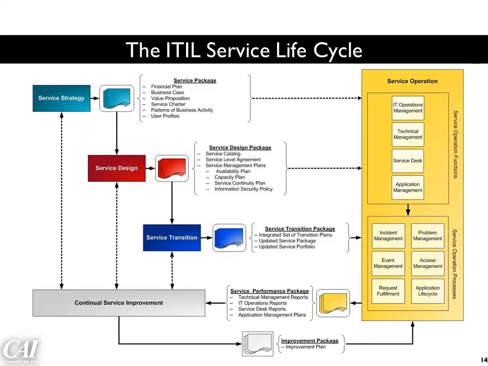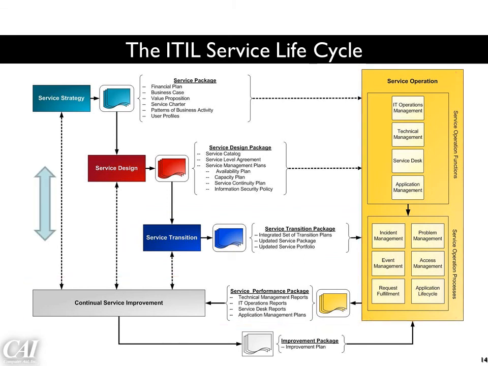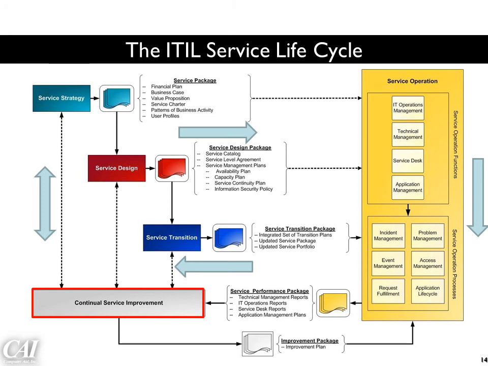This diagram is another way of looking at the ITIL version 3 process lifecycle. In this view, we see the lifecycle as a set of interacting and cascading process phases, each one influencing the other, from either the top down or from the bottom up. In this diagram, it is easy to see how all of the lifecycle process phases feed into the quality improvement program, which in turn feeds into all of the process phases.